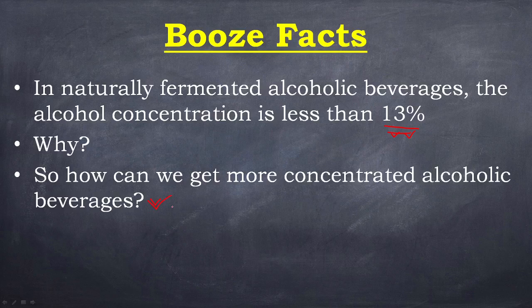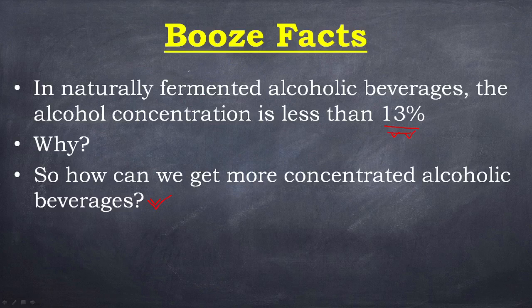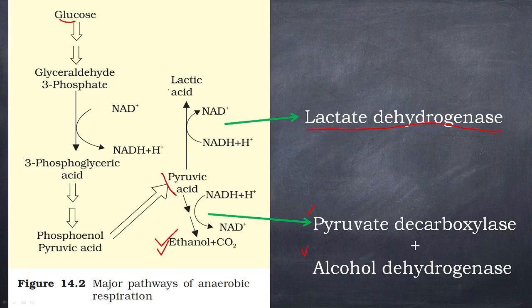So in the next video we will be talking about aerobic respiration. In anaerobic respiration, pyruvic acid, which is the end product of glycolysis, is broken down into lactic acid, which is called lactic acid fermentation, and it can also be broken down into ethanol by organisms such as yeast cells.